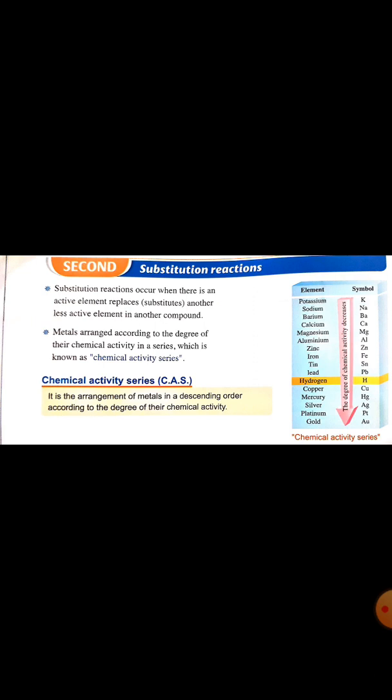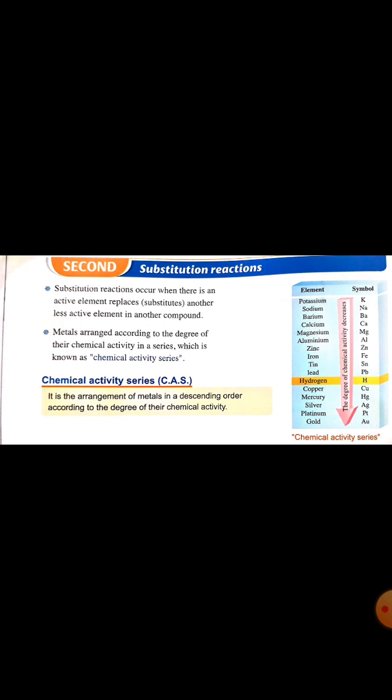The chemical activity series, as you can see here, is the arrangement of metals in descending order according to the degree of their chemical activities. So here we have some metals which precede or come before hydrogen, and others follow it.